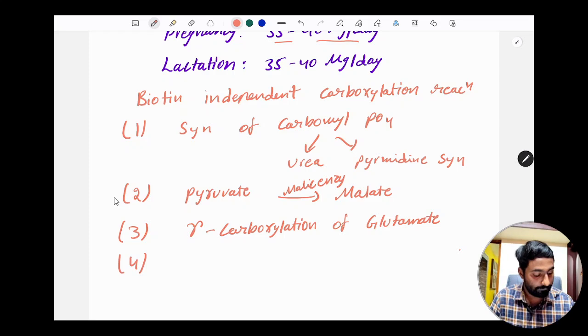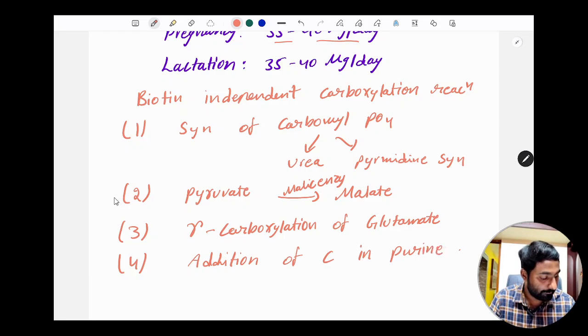Fourth thing, during addition of carbon in the purine ring at sixth position. Okay, thank you.